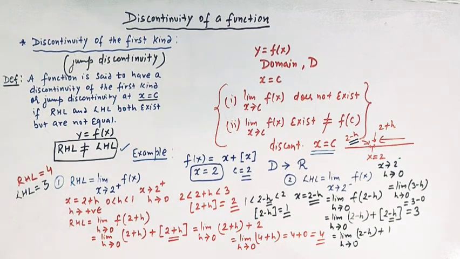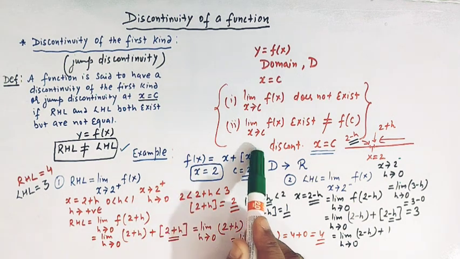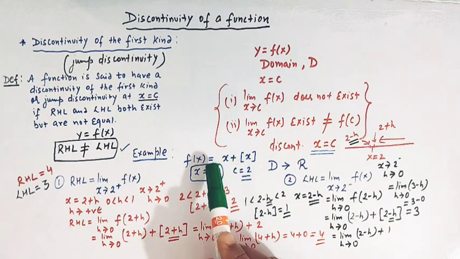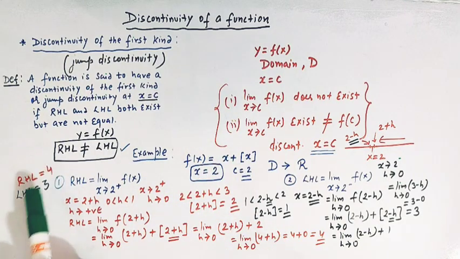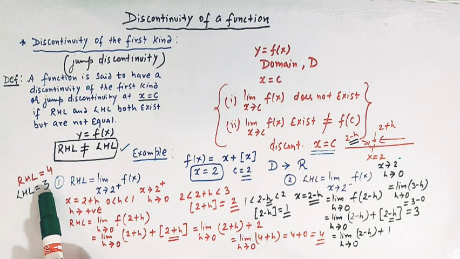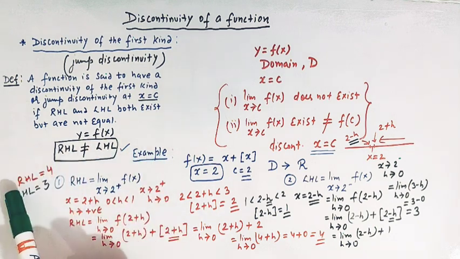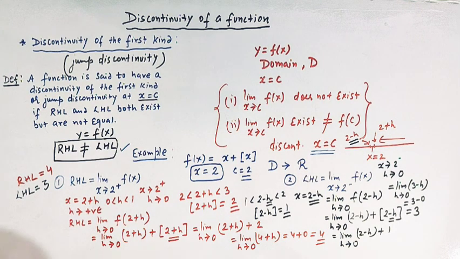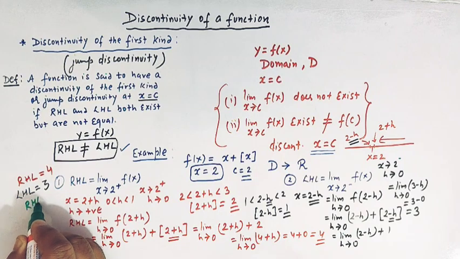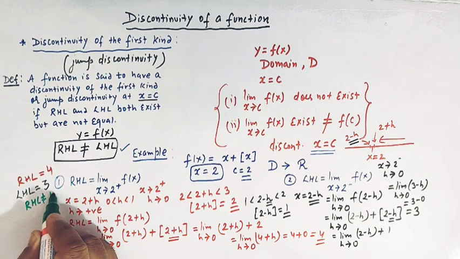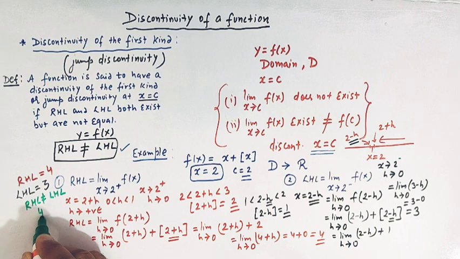So viewers, from this discussion, we have seen that this function has a right hand limit of 4 and a left hand limit of 3. Although the right hand limit exists and the left hand limit also exists, these two limits are not equal, as 4 is not equal to 3.